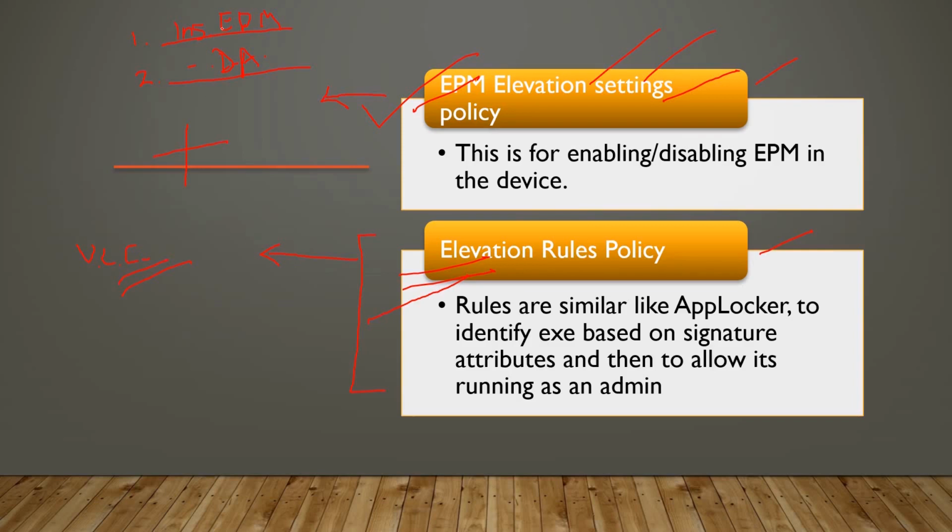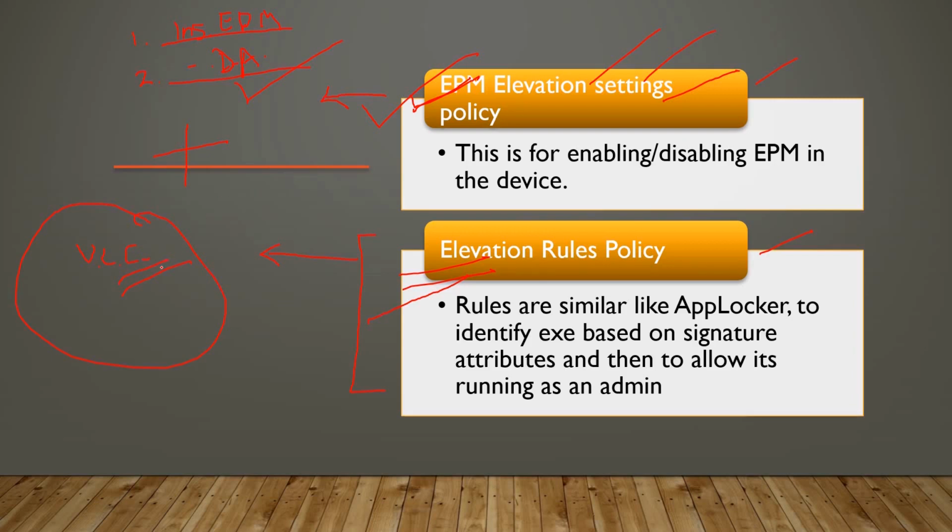So it's going to be a combination of this and this, meaning EPM is now enabled. EPM is going to deny all the requests except this. Meaning if I am the end user and I try to launch any application as an admin, like for example Notepad++, or if I try to install Adobe or any application or Office click to run, for all those requests EPM is not going to elevate us to an admin, and since our session is not going to get elevated to an admin, we won't be able to install.